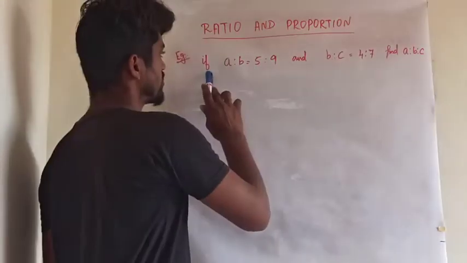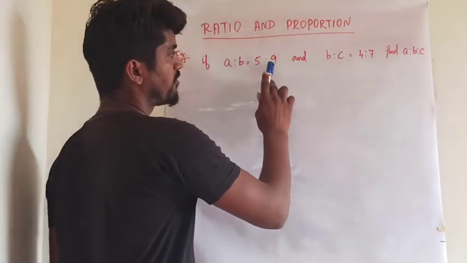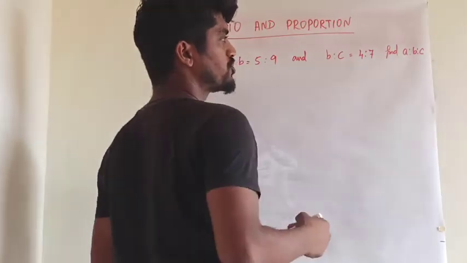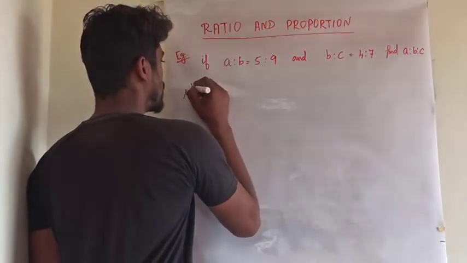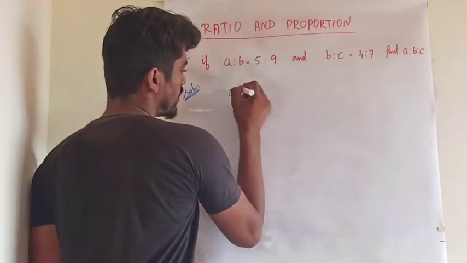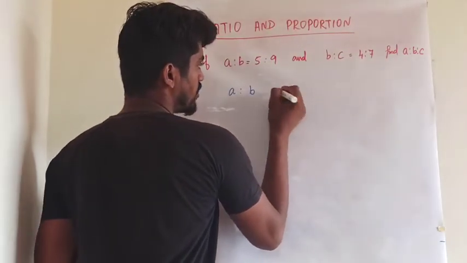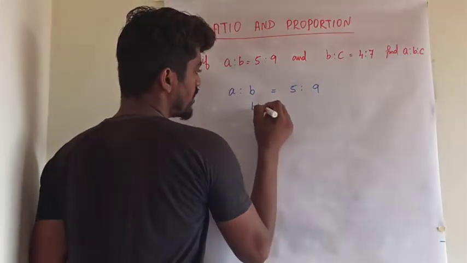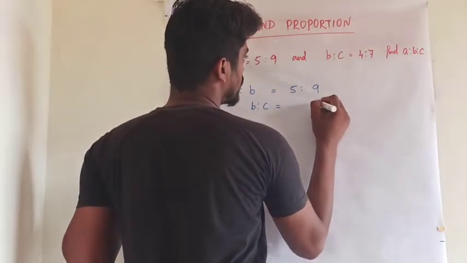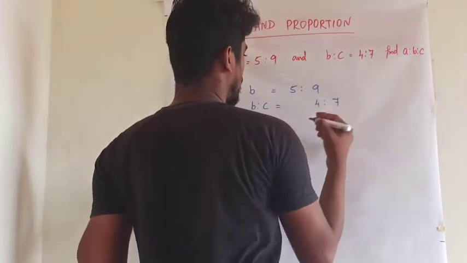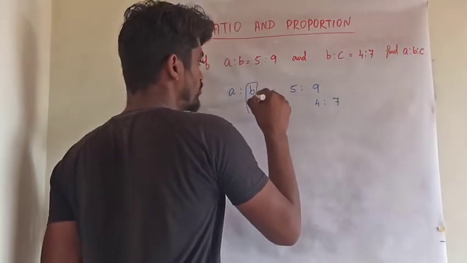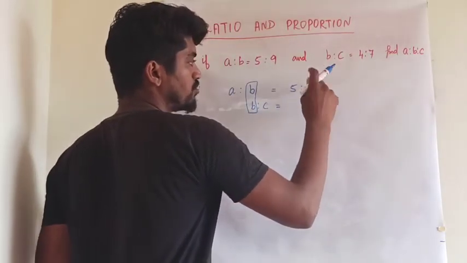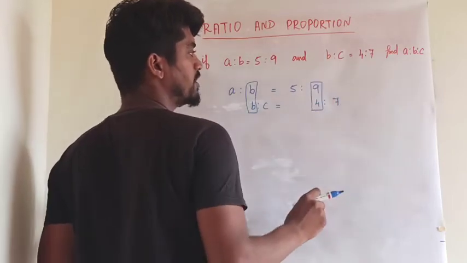We can see it with an example. The given values are: A is to B is equal to 5 is to 9 and B is to C is equal to 4 is to 7. Find the A is to B is to C value. Here two B values are given, so we have to merge these two B values into a single B value.